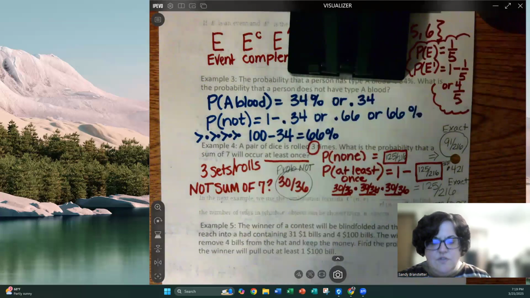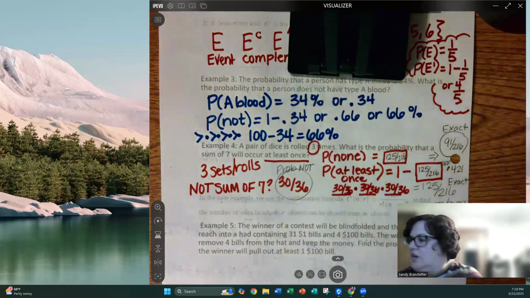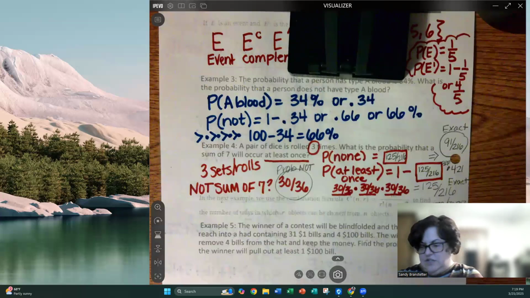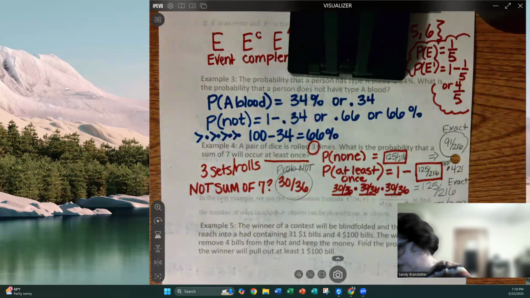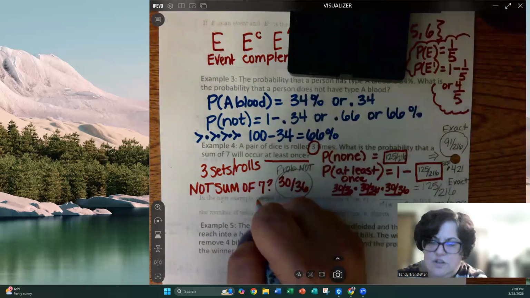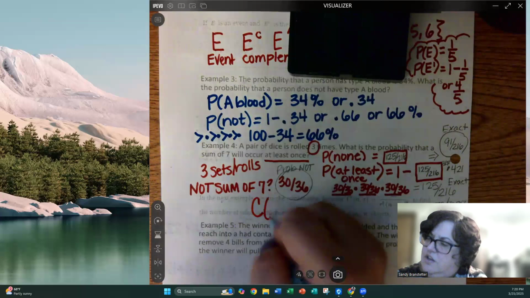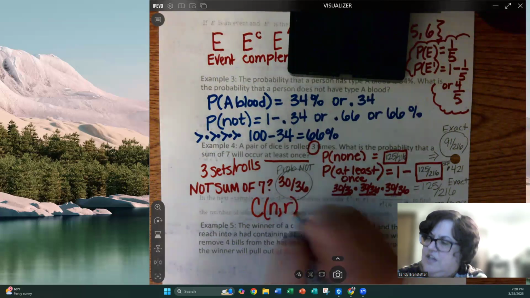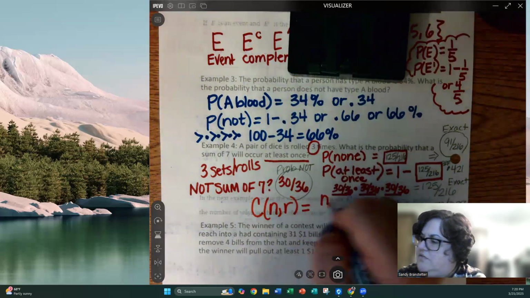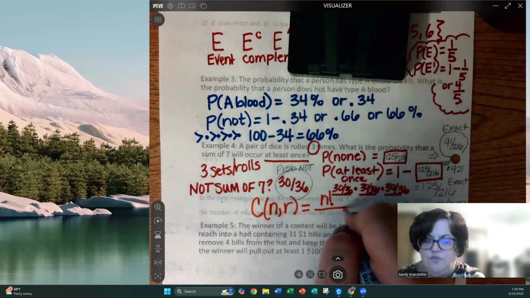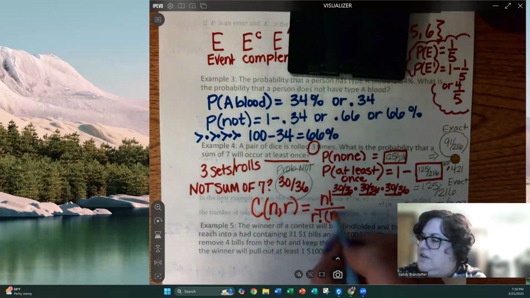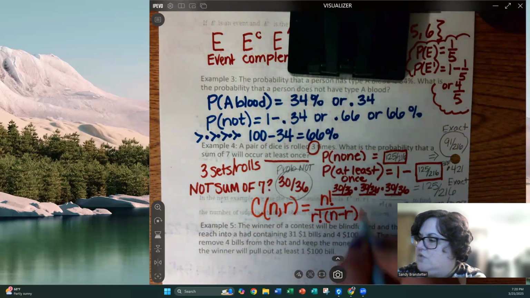All right, so we used the combination formula in our last lesson. And again, I'm just going to rewrite it here so that you can see it, and then we're going to use it in the next question. So the combination of n things taken r at a time is n factorial over r factorial times n minus r factorial.